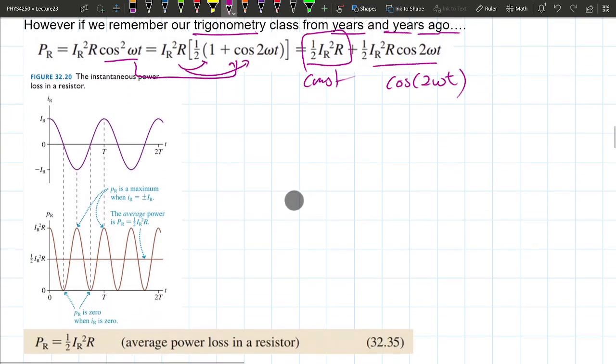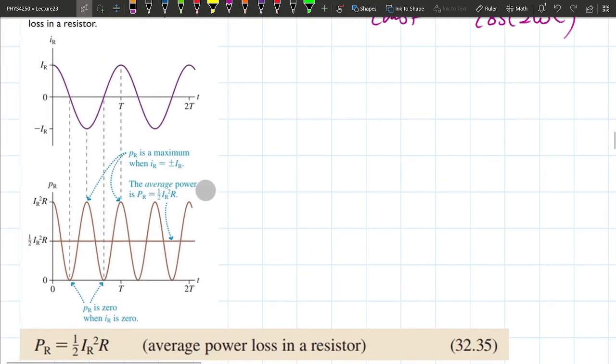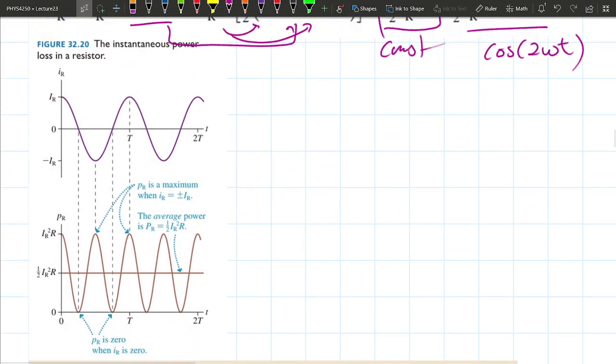If we're looking at this little sketch here, this is still from the General Physics 2 textbook. If your current is going up and down like this, the power going through that resistor is going to have a constant shift up, because the constant basically just gives you a shift up in the function. If that constant is 5, I'm going to oscillate around 5 instead of oscillating around 0.